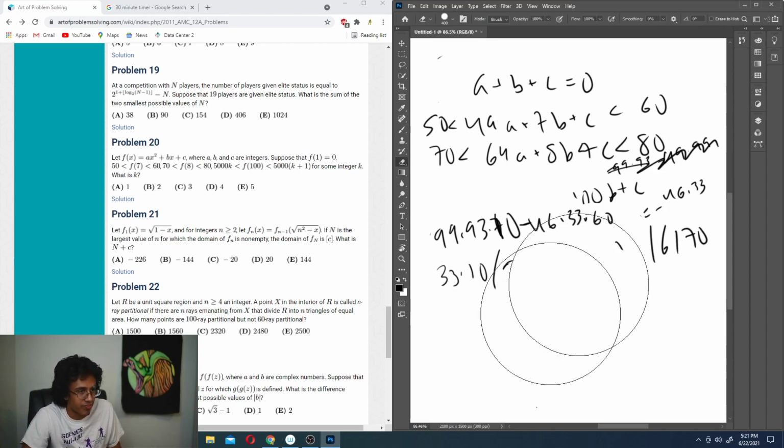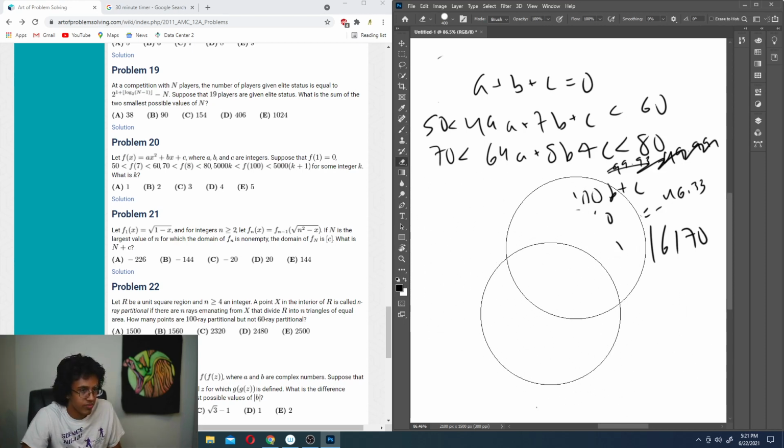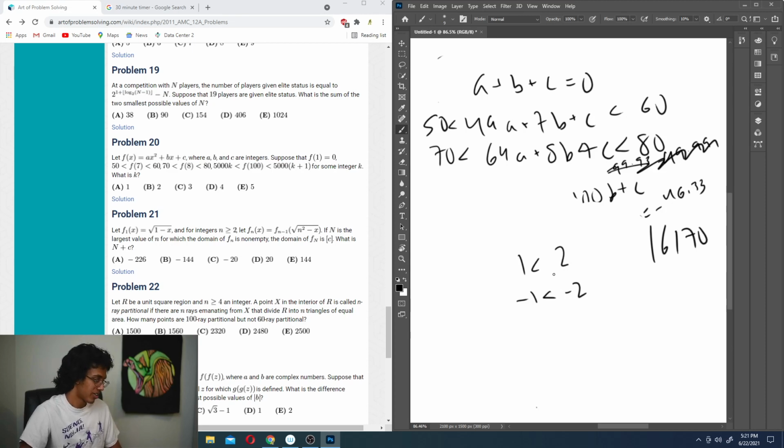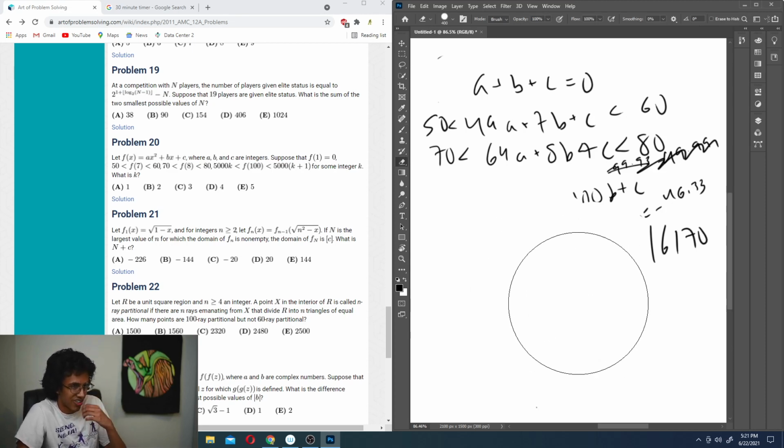Wait a minute. So we multiply this by a negative, right? Then this has to go to the other side, right? Yeah, because if you have 1 is less than 2, then negative 1 is not less than negative 2. Holy, that's kind of annoying.